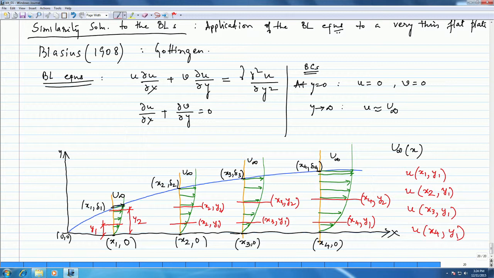Now, another way of looking at this, which I think I have said earlier when we were doing this, is that the delta required or the boundary layer thickness required at x1 is less to reach the free stream velocity compared to the thickness required at x4 to reach the free stream velocity, which means that both at x1 and x4, the boundary layer is such that the velocity does reach the free stream velocity, but at different heights.